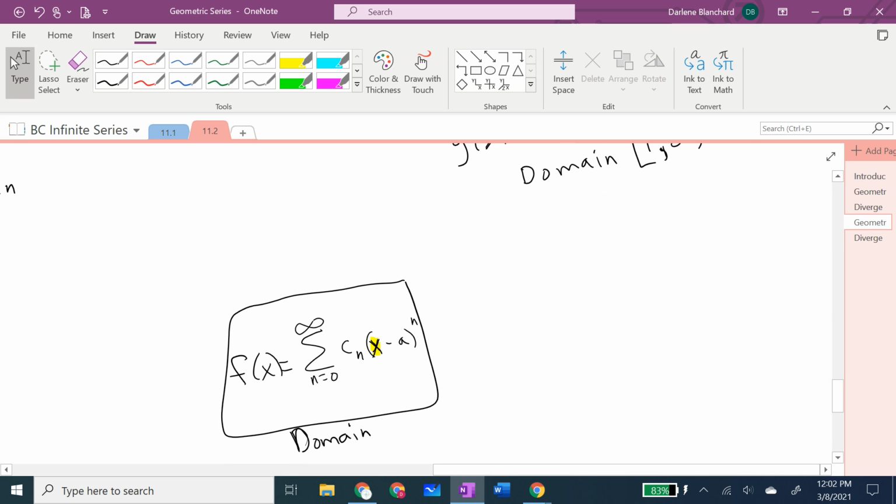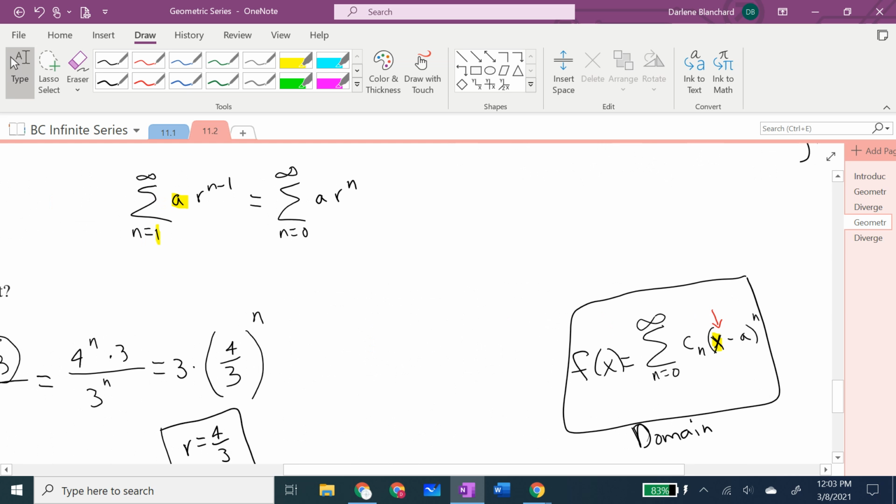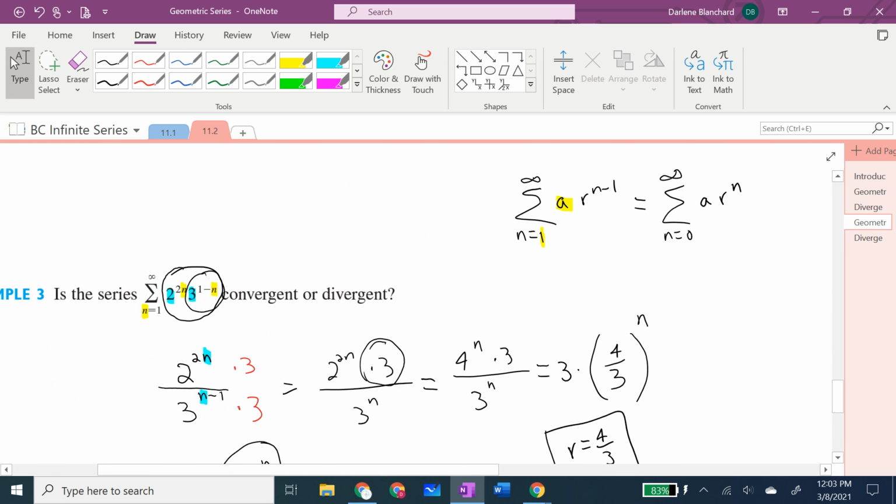If you plug a number into the x, you get an infinite series of constants. And if for that particular x, you have an infinite series that converges, that x is part of the domain. If it diverges, that x is not part of the domain. And so that is the big step that this is heading toward.